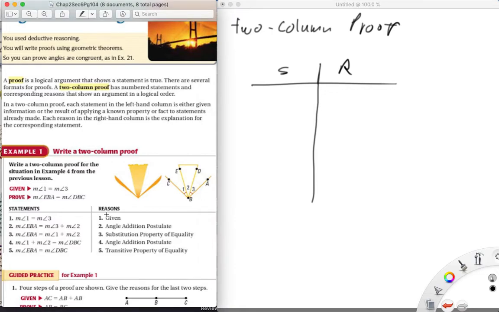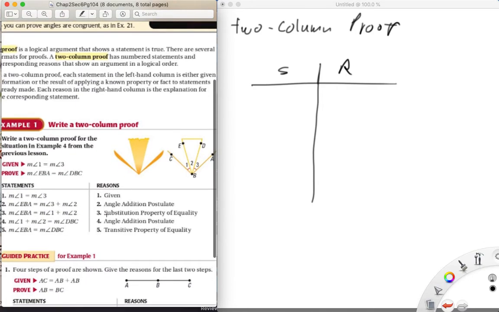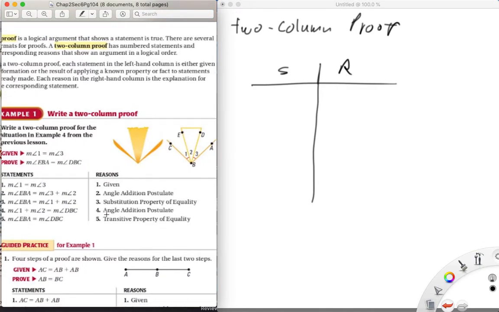I'm going to go through each example of these proofs, and then we'll move on. This one was already done in the previous section, so it won't take too much time. We have a scenario where angle 1 is equal to angle 3.